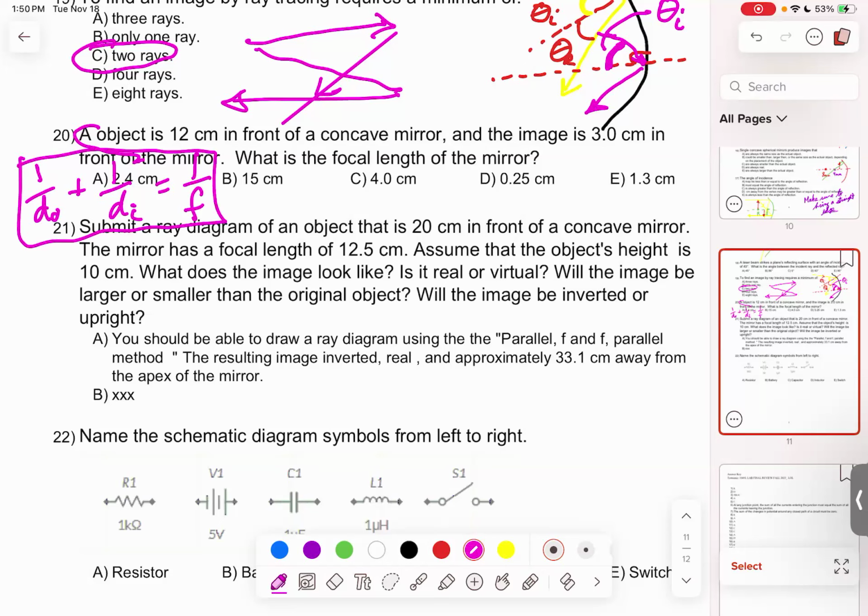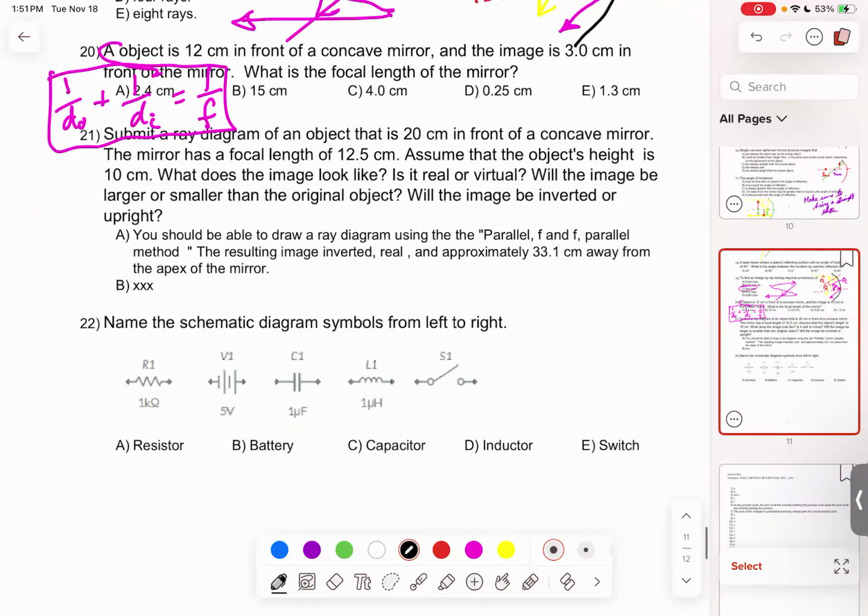So we need to lean on that formula to figure out the focal length. Let's do the math on that one real quick.